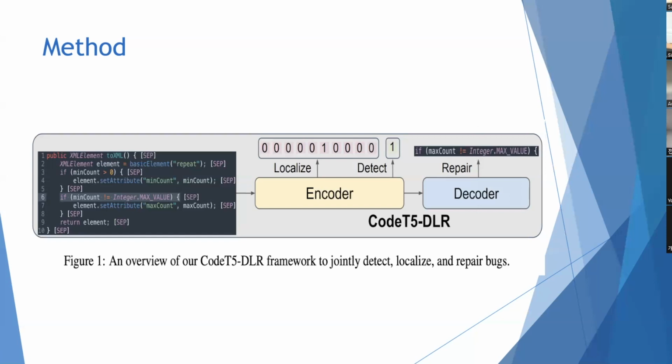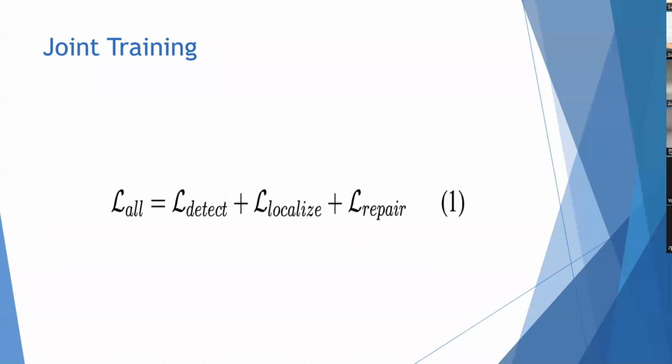Can you show me on the joint training loss? Okay, I think here the bug detection and localization problems are classification problems. The third one, L repair, is machine translation problem.